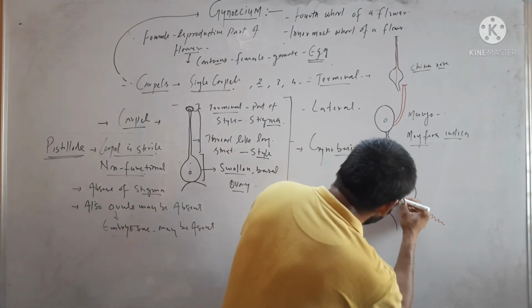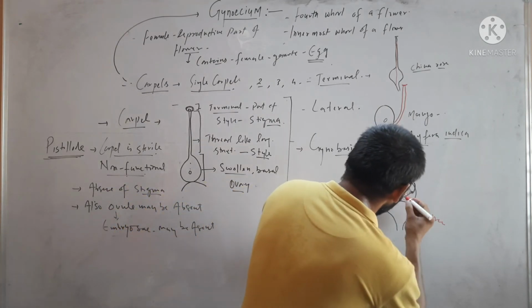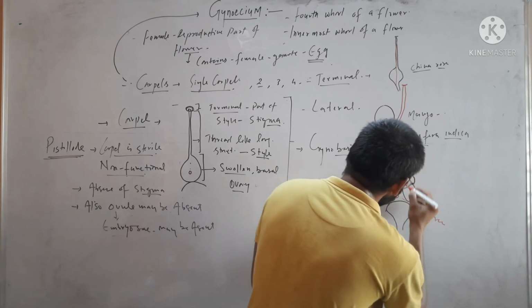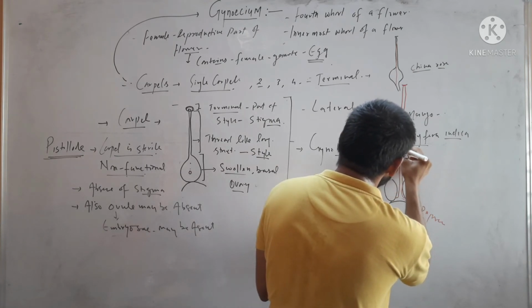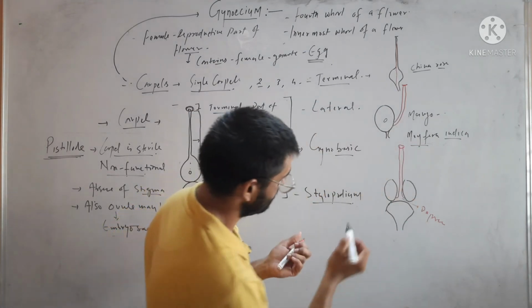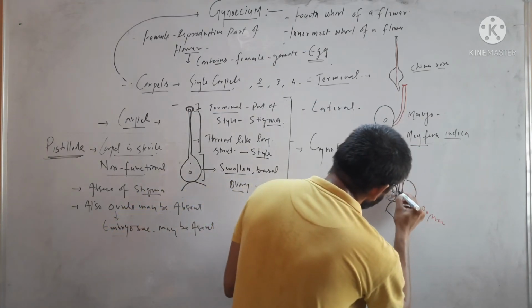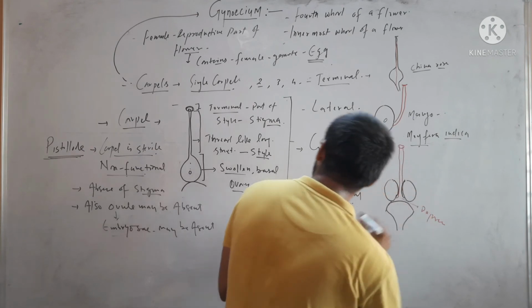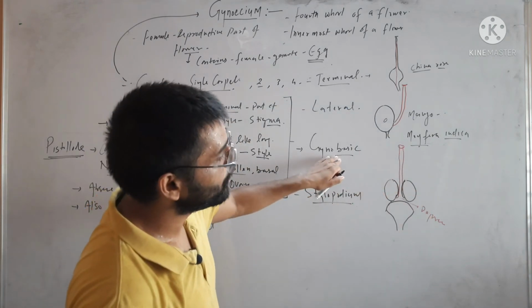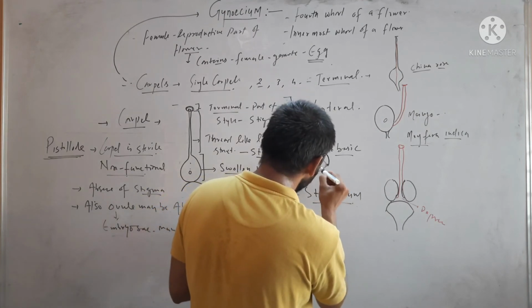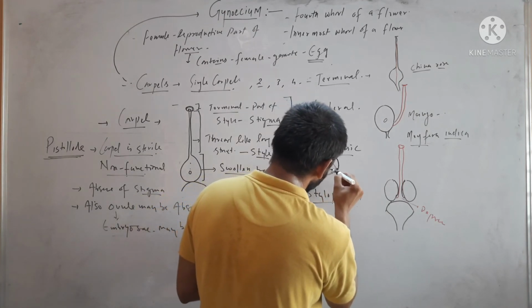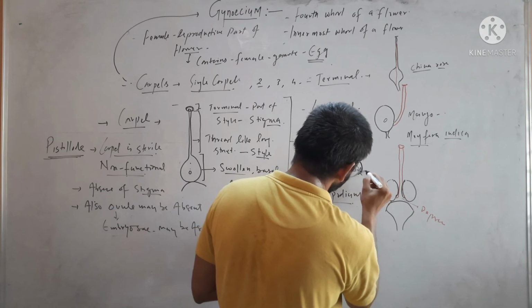So if the style arises from this depression like this, then it will be called gynobasic. For example, Ocimum, Tulsi.